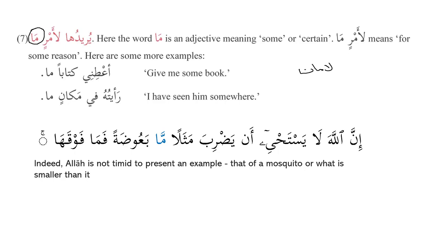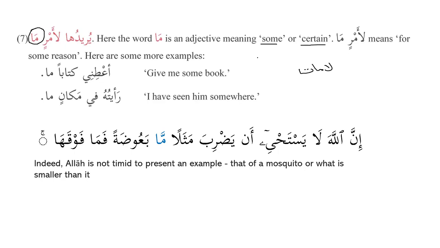The word ma here is an adjective meaning some or certain. So it's an adjective and it means some or certain. That means it always comes after the common noun, basically most of the time, because we know that an adjective follows the noun. If the noun is proper, then the adjective is proper, but if the noun is common, then the adjective is common.